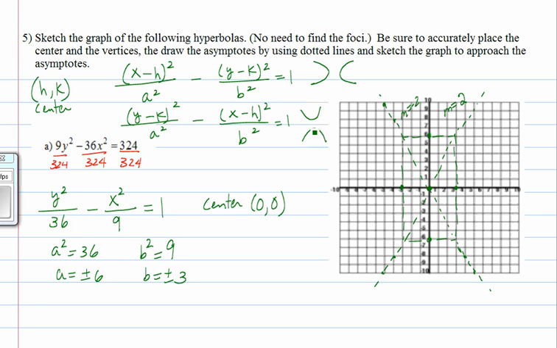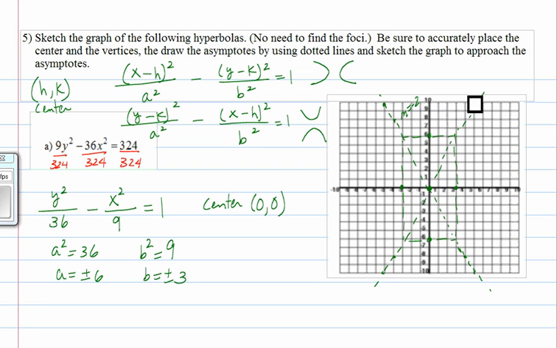Now, as we said before, this is going to be a vertical hyperbola. We know it's a hyperbola because of the negative sign in between the x squared and the y squared. We know it's going to be going vertically because the y squared is the positive one. So let me move these guys out of the way so that we could put a hyperbola right there.